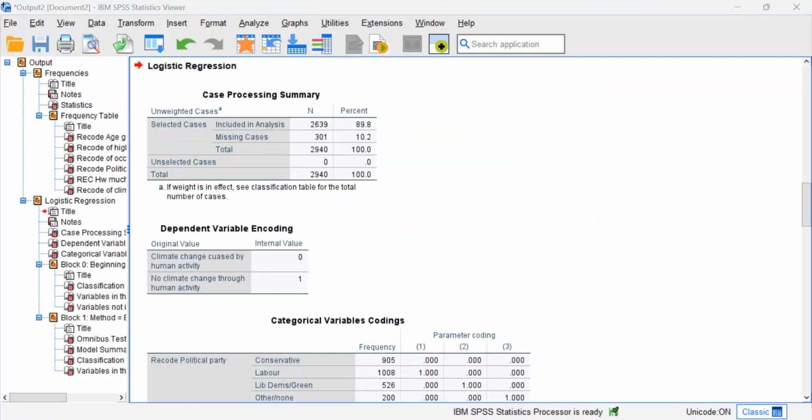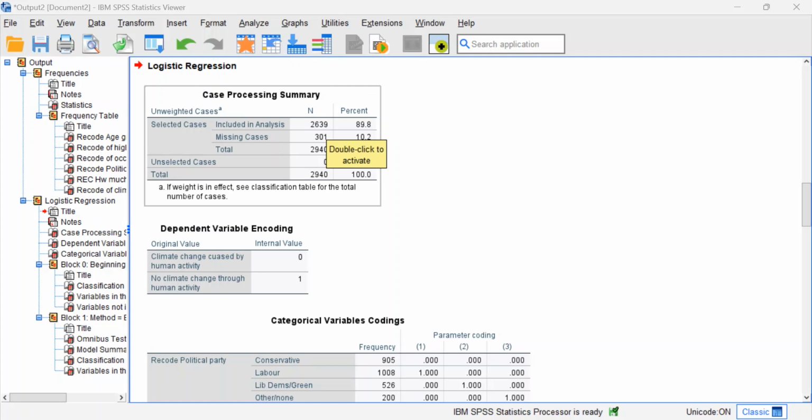So here I have the output for the logistic regression modeling. There's quite a lot to go through, so I'll go through all of the different bits of the output. Some are more important than others, and I will just highlight the bits that you really need to understand. The first bit of information we have is the case processing summary, which shows how many cases were included in the analysis, and of those, how many have missing values.